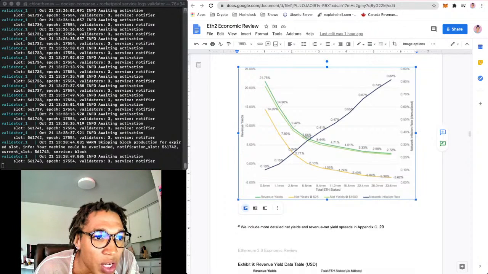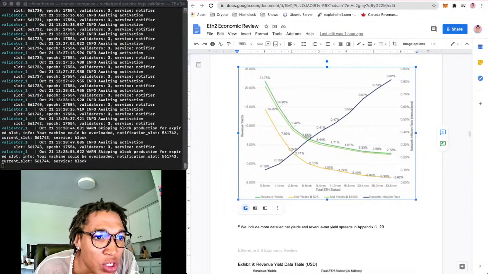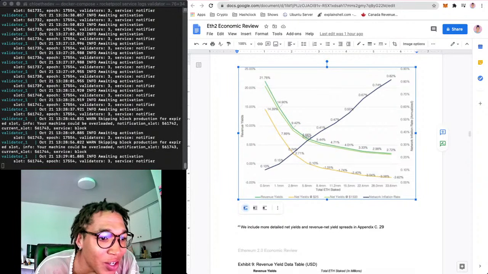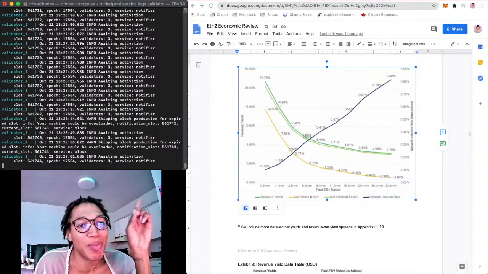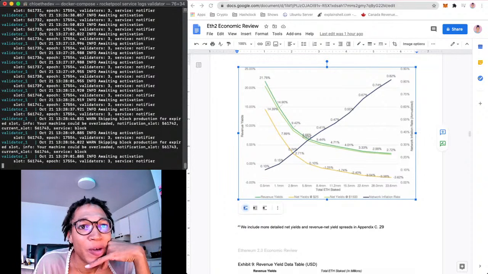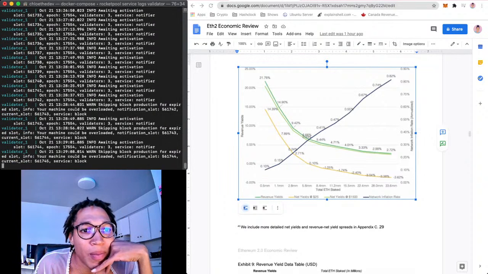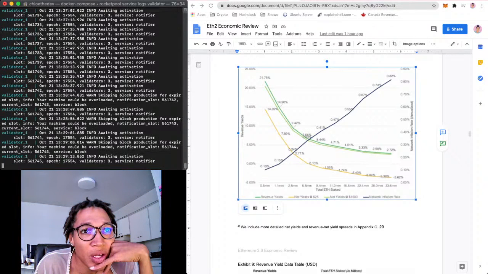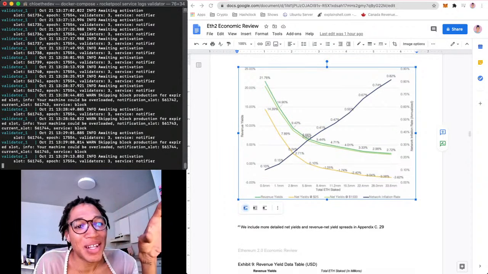Skipping block production for expired slot, your machine could be overloaded. Ooh, that's not good. Let me check on my node real quick. Up here I have my Rocket Pool node. My machine could be overloaded. Well, maybe because I'm going live at the same time.